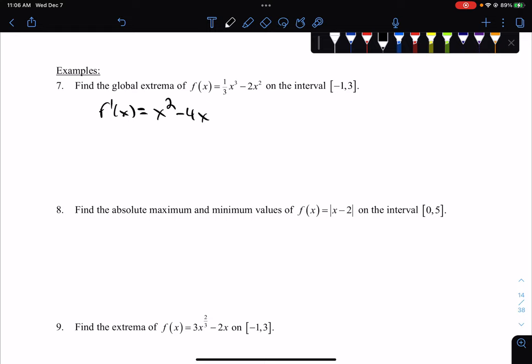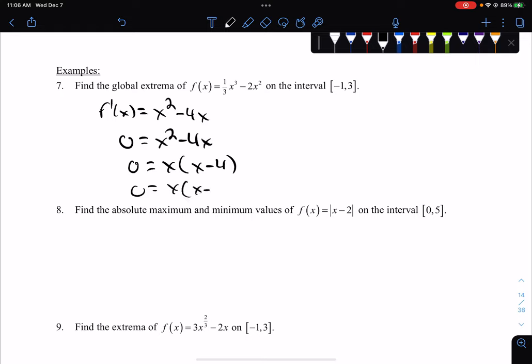And to find where these happen, I set that derivative equal to 0 and I look for those x values. So 0 equals x multiplied by x minus 4. Oh no, I'm not. That's just, never mind. That's not x squared.